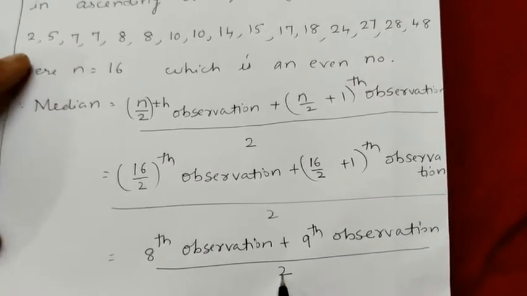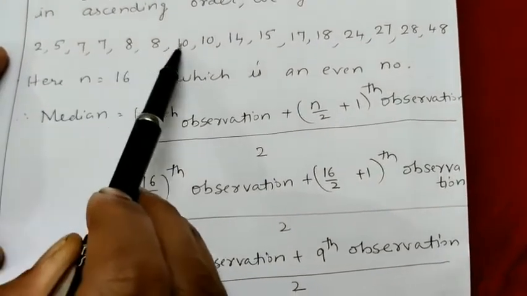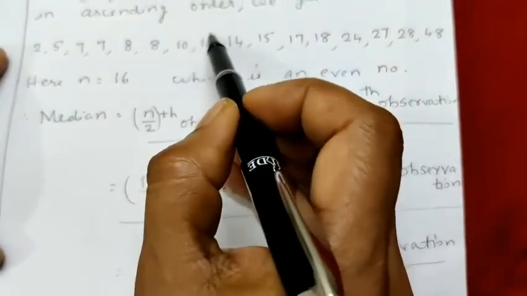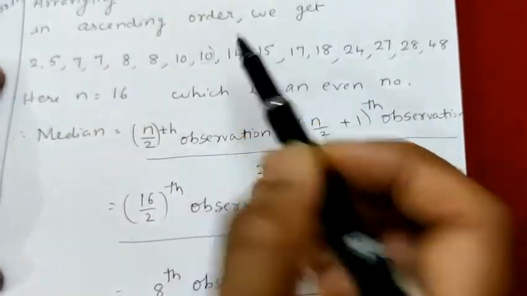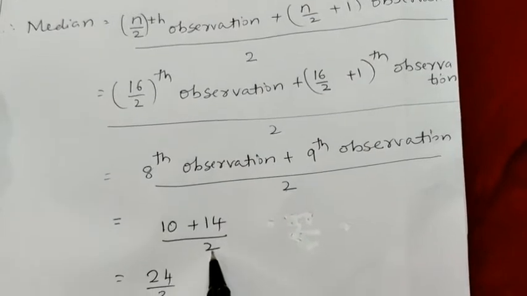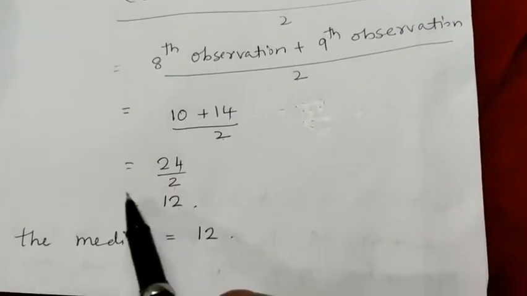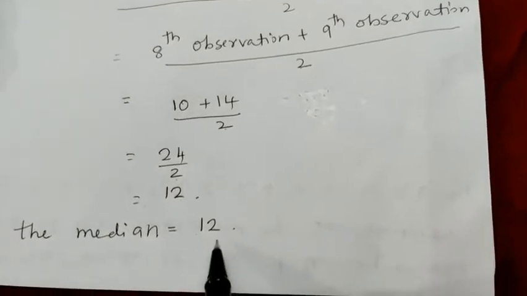So let's find the 8th observation. So 1, 2, 3, 4, 5, 6, 7, 8. The 8th observation is 10 and the 9th observation is 14. So let's add them. 10 plus 14 divided by 2, that is 24 divided by 2, that is equal to 12. So the median is 12 here.